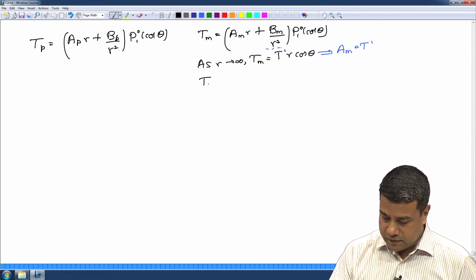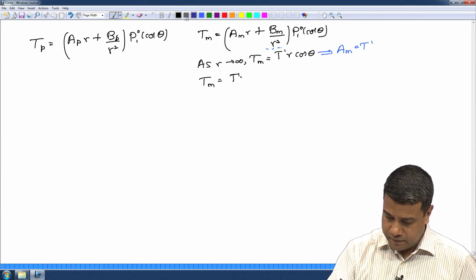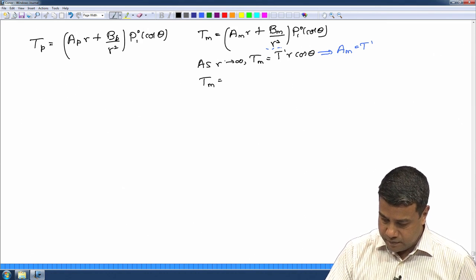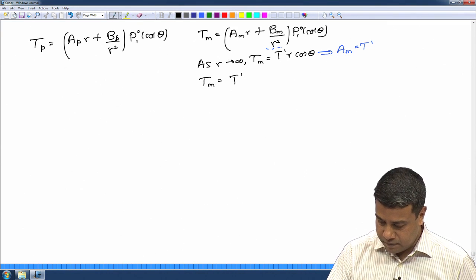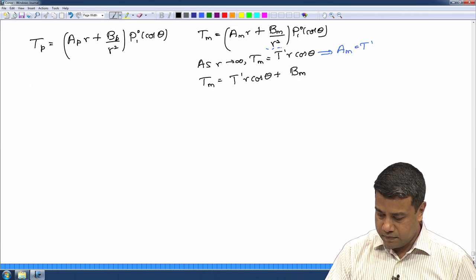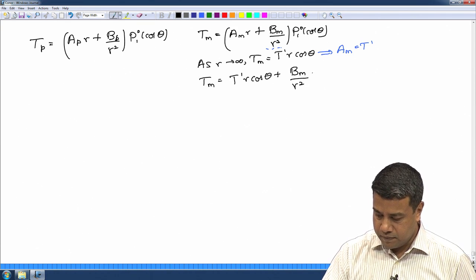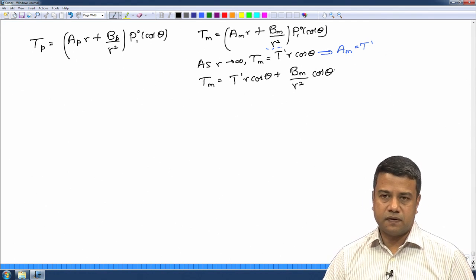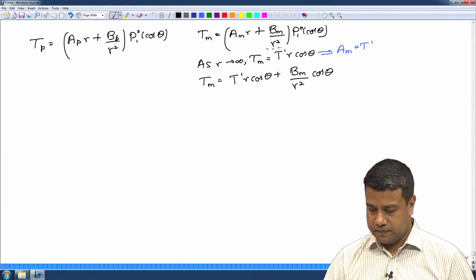So, therefore, the matrix temperature is equal to T prime r plus B m by r square times P1 of cos theta. Note that P1 of cos theta is just cos theta itself.